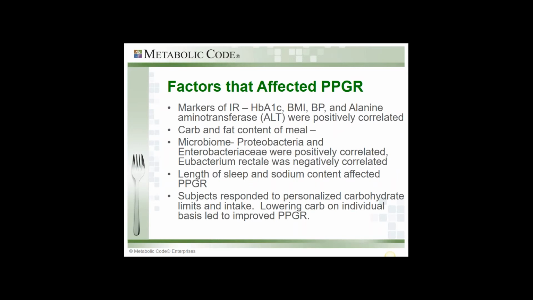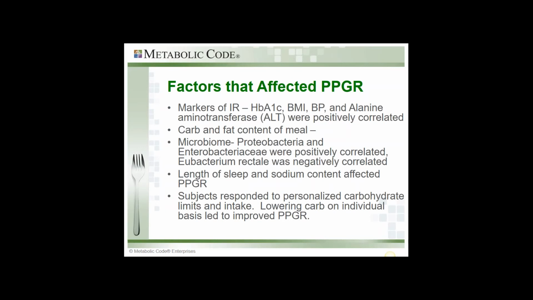So all the markers of insulin resistance. Not surprised by this, right? Because insulin resistance means that our body isn't dealing well with glucose. You make insulin, but the cells are not responsive to the insulin anymore. They become resistant.